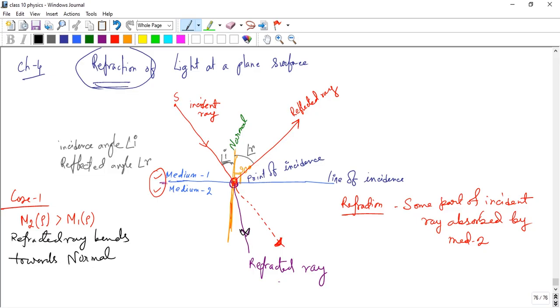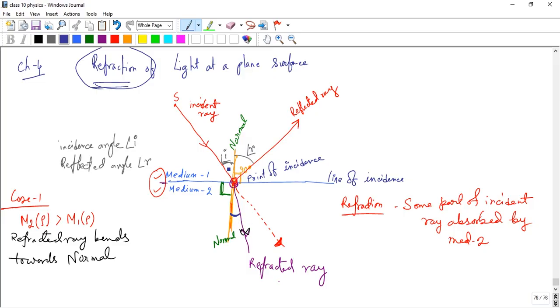The angle between the refracted ray and the normal, because the line of incidence and the normal make an angle of 90 degrees, is called the refracted angle, or angle of refraction.